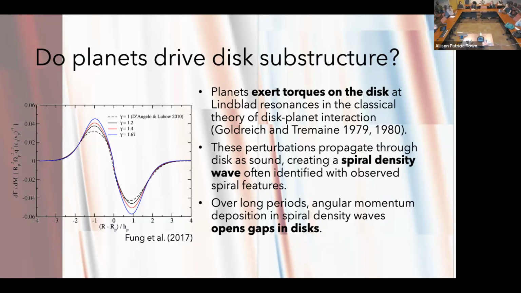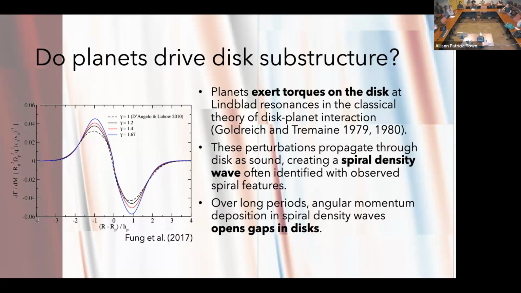Now, the way the picture goes is you have planets exerting torques on disks at the so-called Lindblad resonance, basically where your planetary orbital frequency is equal to some multiple of, I'll say, the Doppler-shifted frequency, basically the frequency at which you see material next to you in the rotating frame is equal to your own frequency, more or less.